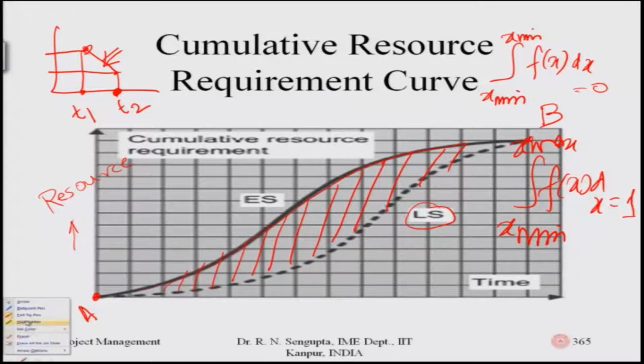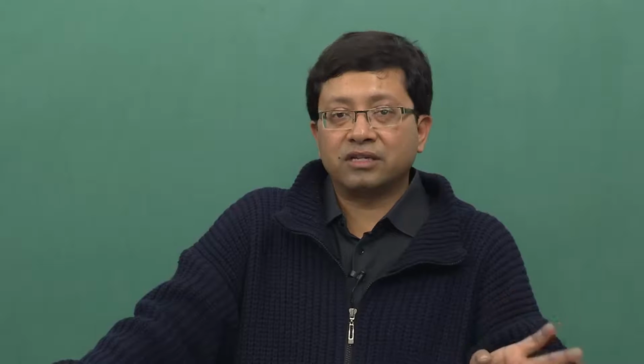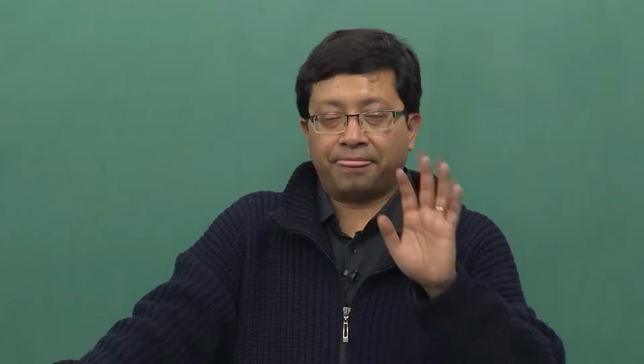So, let me highlight using the highlighter. This part was linear. So, if it is linear, what I would try to do is find the best fit line between point A and B such that the overall cost implication is as linear as possible, such that I have an idea of the marginal rate of increase and decrease of the cost for the project, such that I can utilize resources in the best possible manner considering the early start and the late start concept.